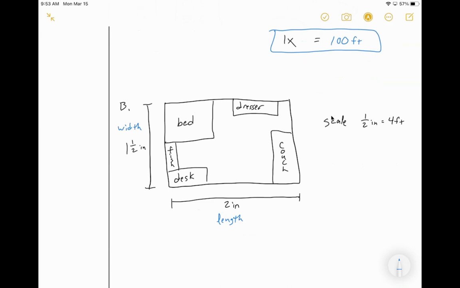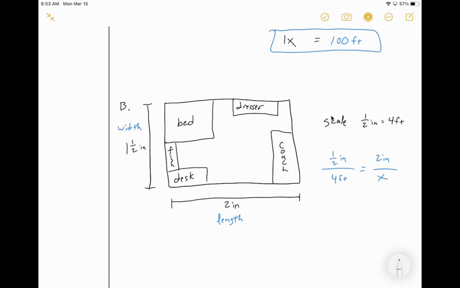Okay, so remember, first thing I'm going to do is take this fraction. I'm going to say, okay, 1/2 inch over 4 feet is equal to some amount of inches, 2 inches, over some amount of feet.